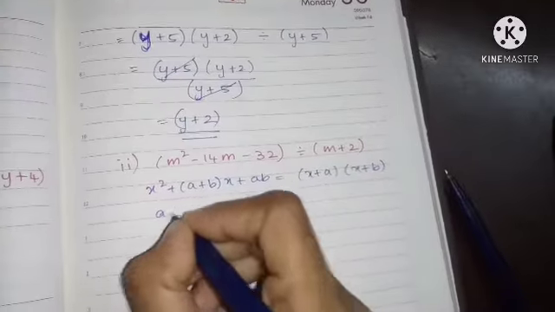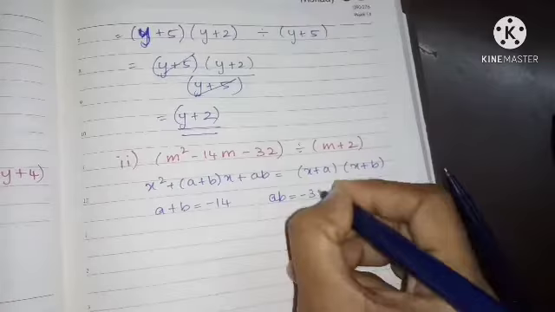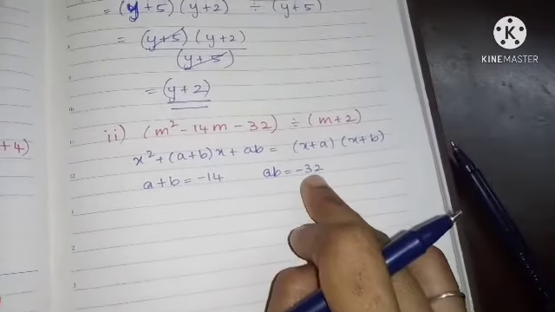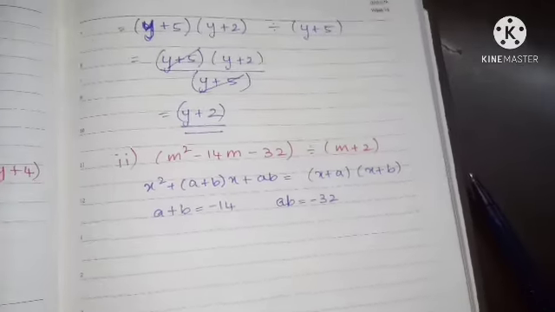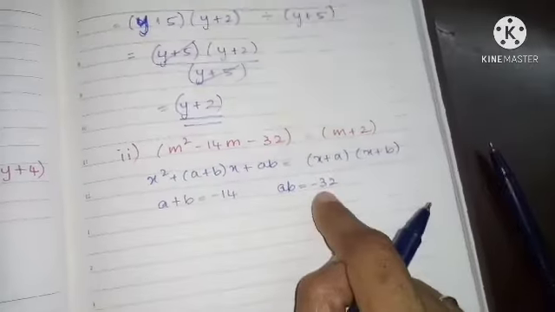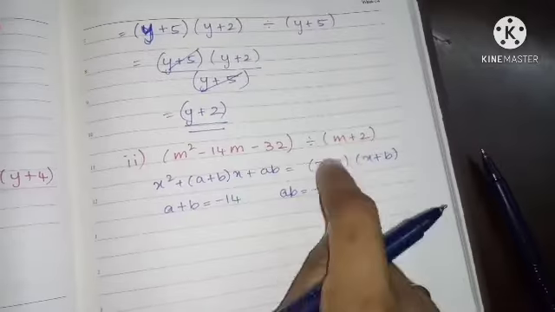So here a plus b is nothing but minus 14, ab is nothing but minus 32, right? Now, 7 twos are 14, but 7 plus 2 you will not get it. Any other possible things to get this 14 and 32?